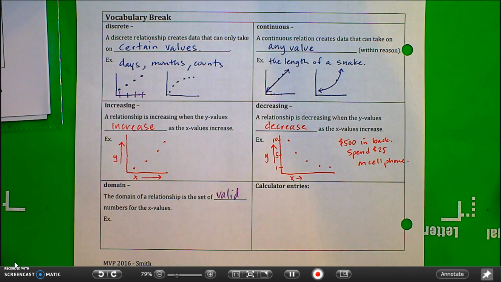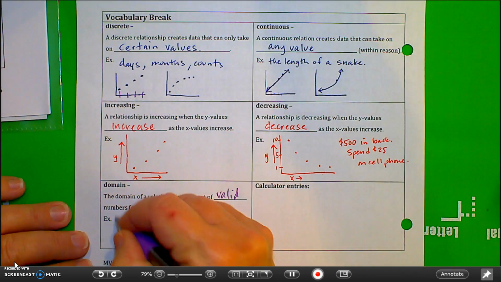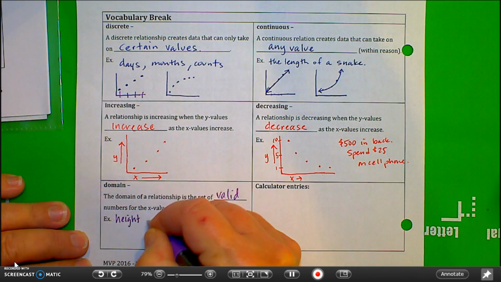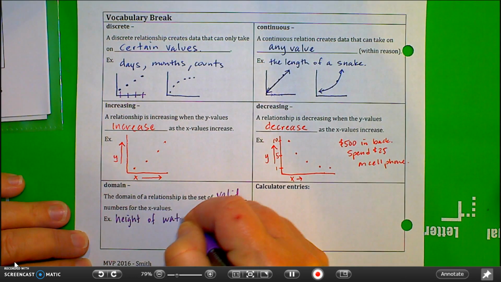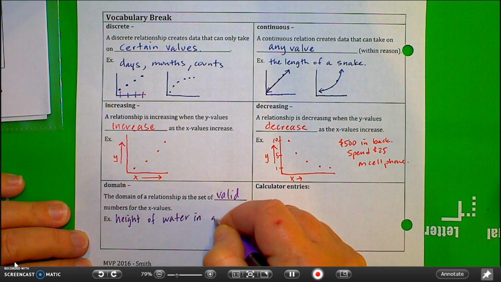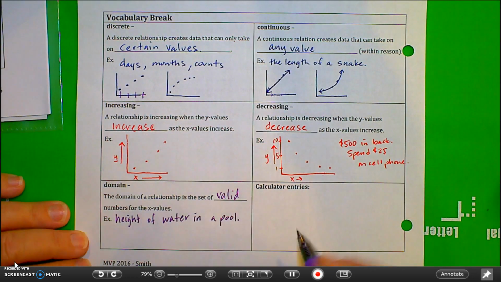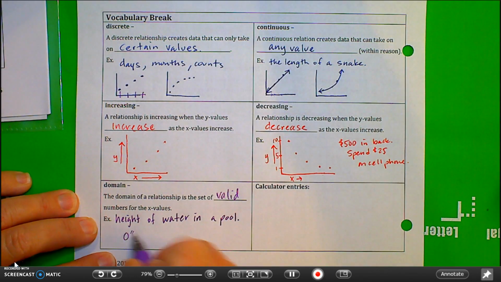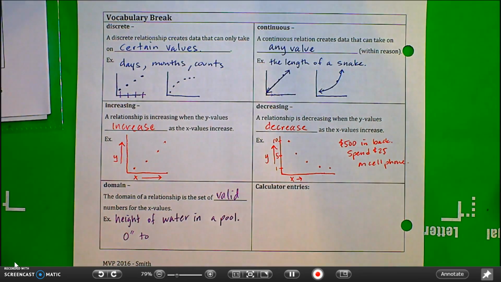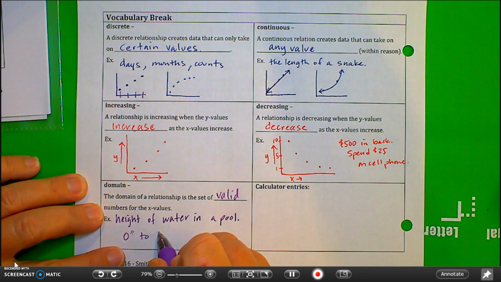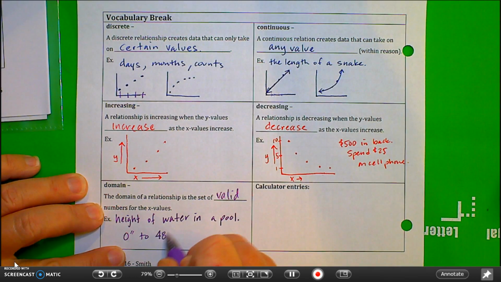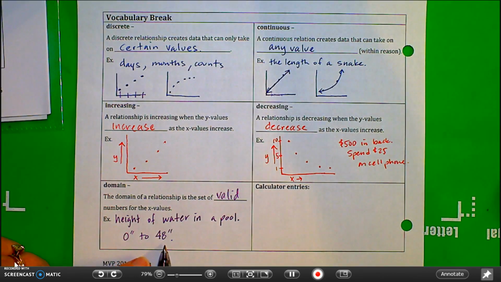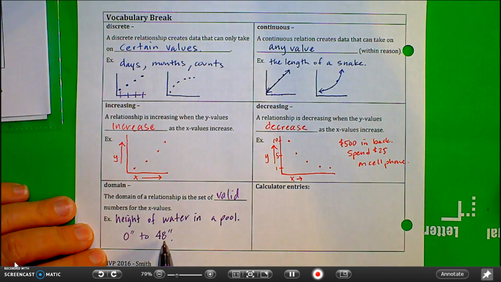So let's say if we have the height of water in a swimming pool, the valid numbers would be, say, from 0 inches to, let's say it's a 4-foot pool, 48 inches. So you can't have more than 48 inches because then it would overflow. So the domain would be 0 to 48.